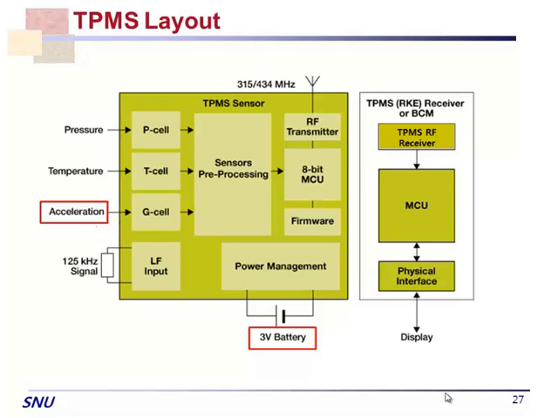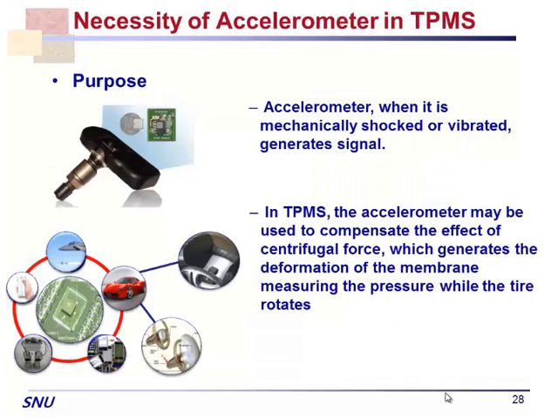So they are called the P, T, and G cells, and then some signal processing, and then MCUs and RF transmitters, because they are usually embedded in the rear area. And there is a receiver here again. And again, this is to compensate the effect of the centrifugal force, which generates deformation of the membrane, measuring the pressure while the tire rotates.